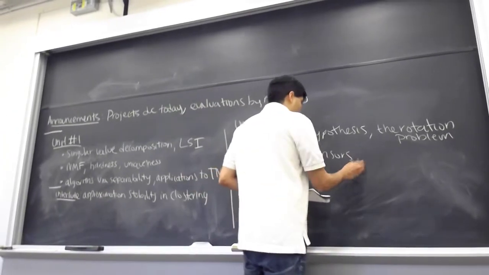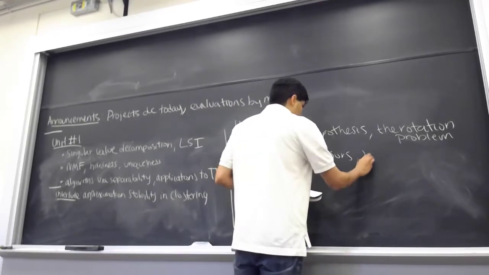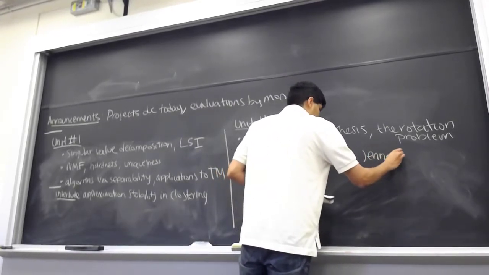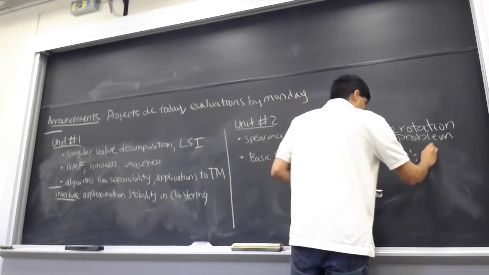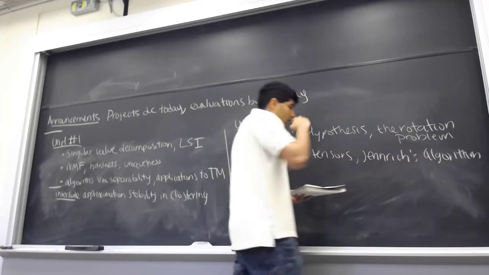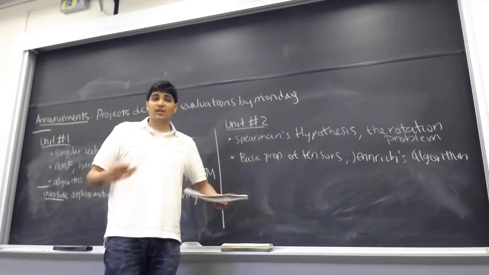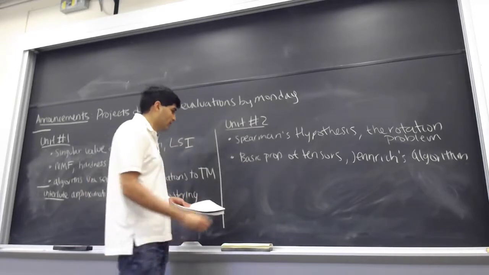But the one saving grace which made tensors worthwhile was Jennrich's algorithm. That told us conditions in which the factorization really is unique given the tensor and gave us an algorithm that went along with it.